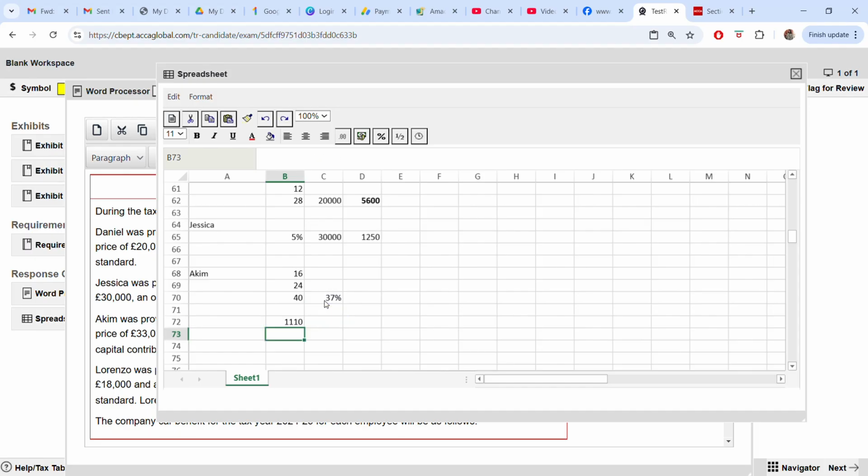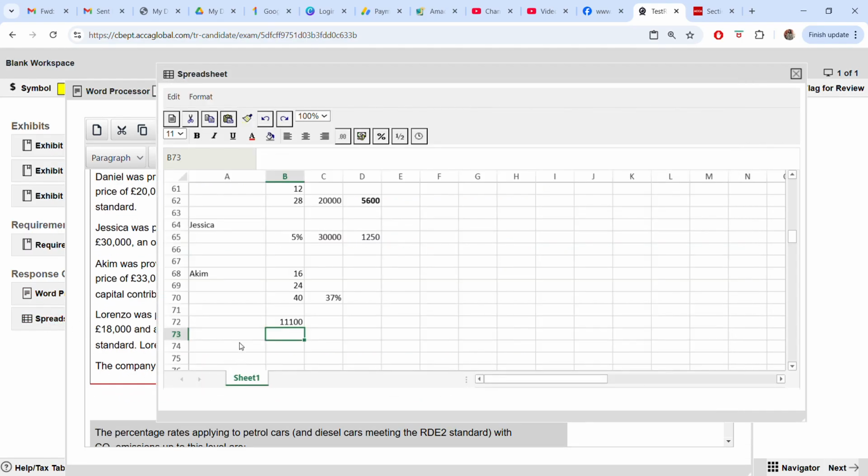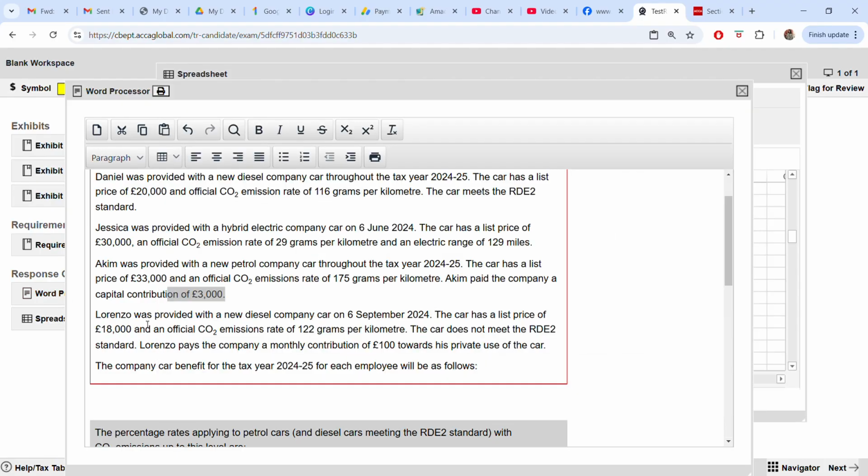So 33,000 minus 3,000 into 37%. This is the benefit for Akeem. Wait, it is 33 minus 3,000, not 30,000. Now we are moving on to Lorenzo. So Lorenzo, new diesel car, does not meet RD2 standard.